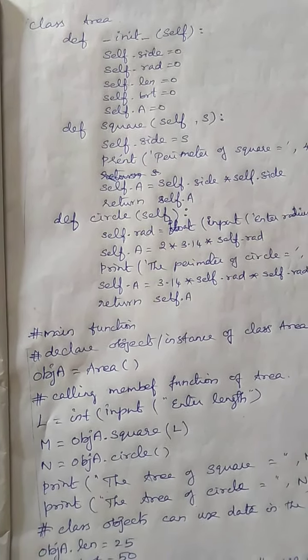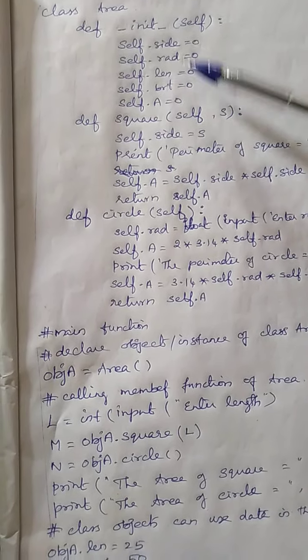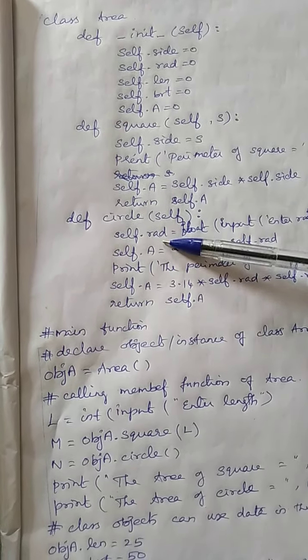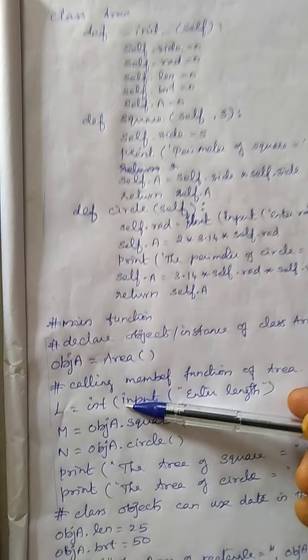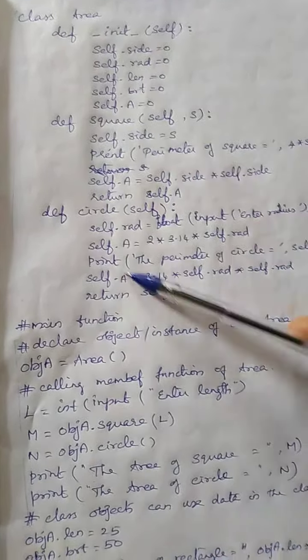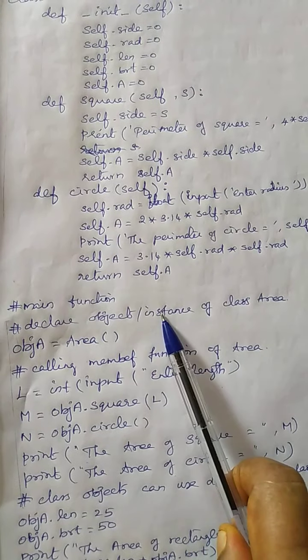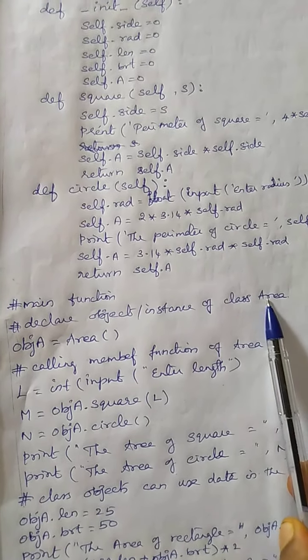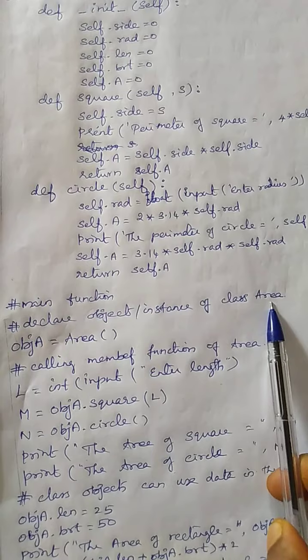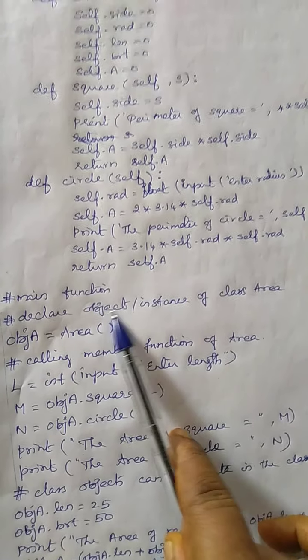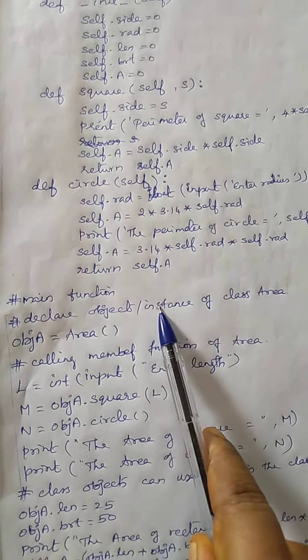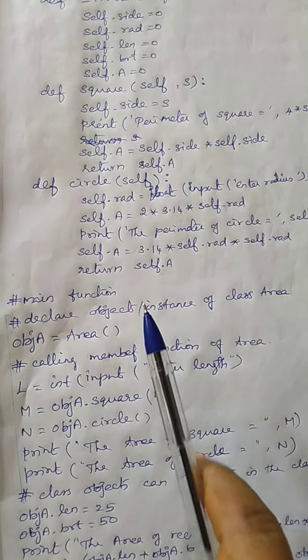How can we utilize the data members and the member functions of the class area outside of our class? To use this class's members, we must declare an object or instance of the class area. So for this class area, we have to declare one object or an instance. Object or instance both refer to the same.